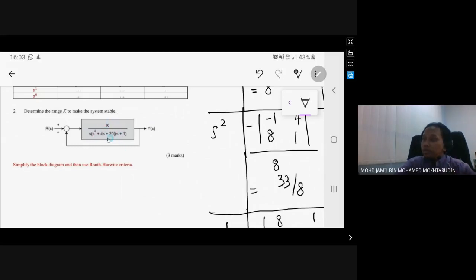So for this case, you need to simplify this. So this is a simple simplification. So you can say these two is feedback.